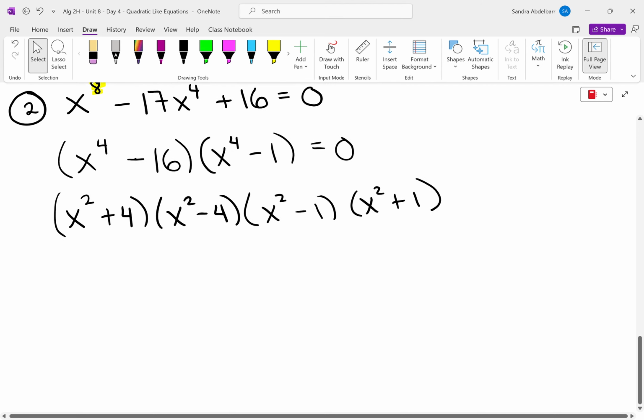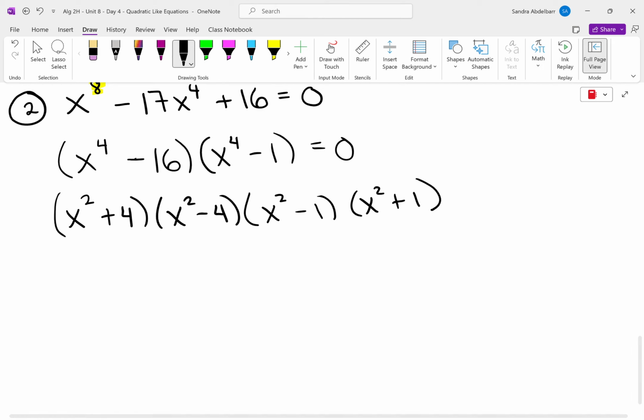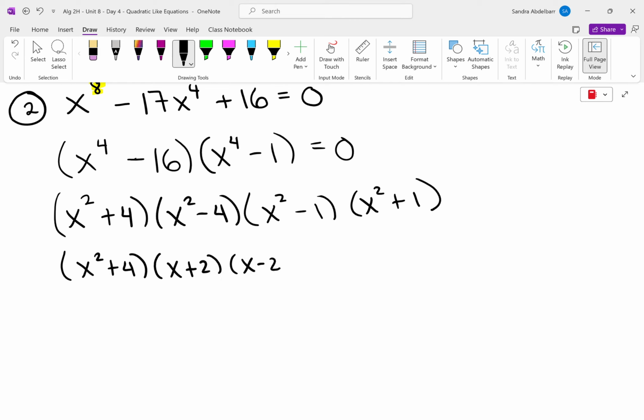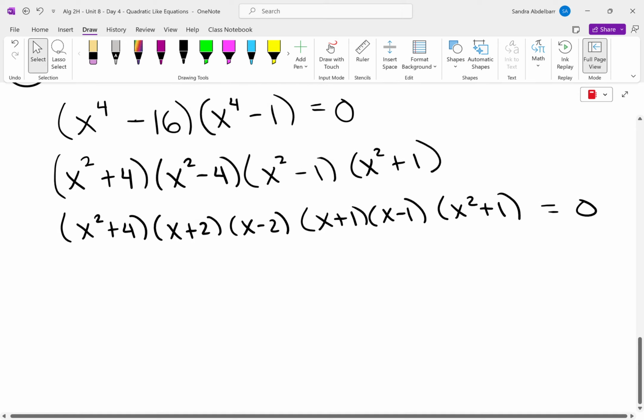Tori? Good. The x squared minus 4 and the x squared minus 1, we could factor that more. So here we have x squared plus 4, x plus 2, x minus 2, then x plus 1, x minus 1, x squared plus 1. Anything left to factor?